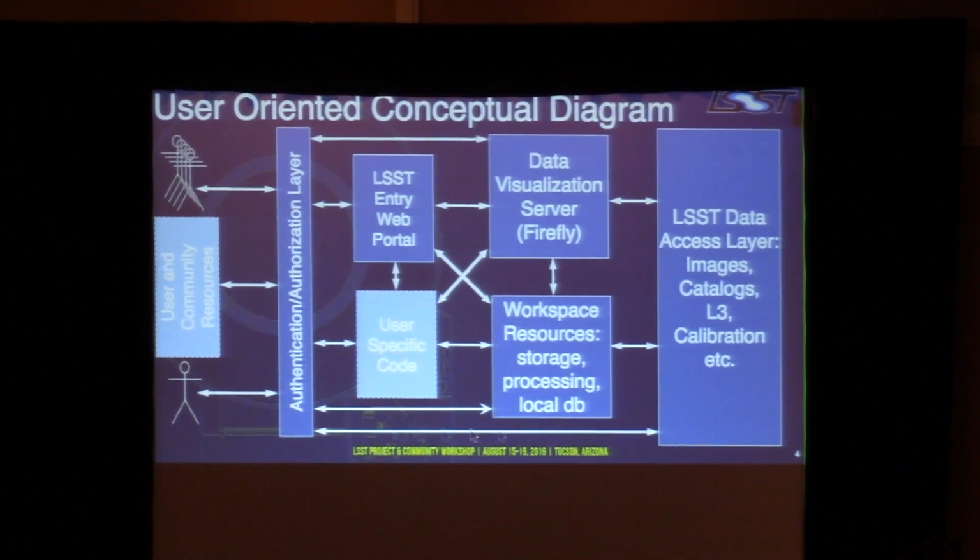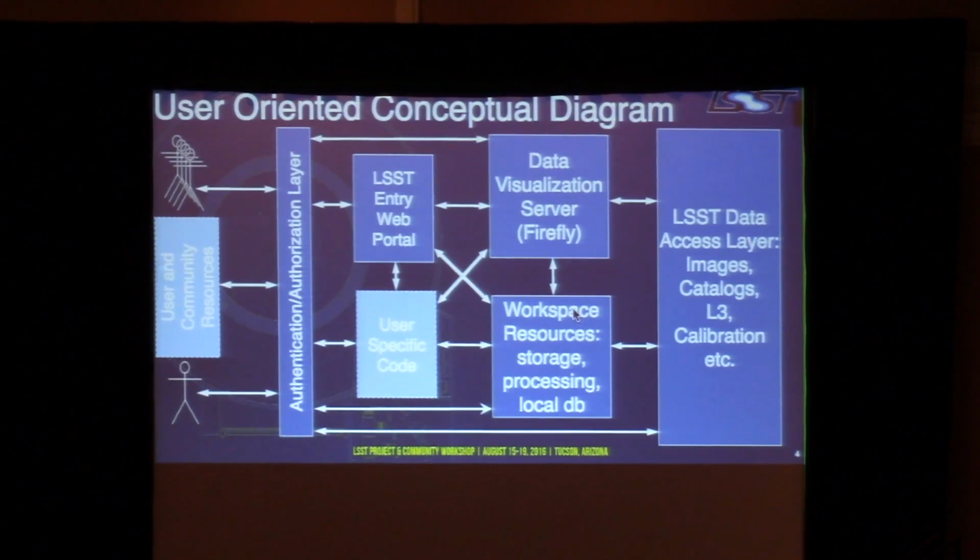And we want to be able to provide direct access through the authentication layer so people can get to the data that they know that they want to get to, right? We don't want to get in the way of the experts who know, that's the table I need to query and this is the thing that I want to get to.